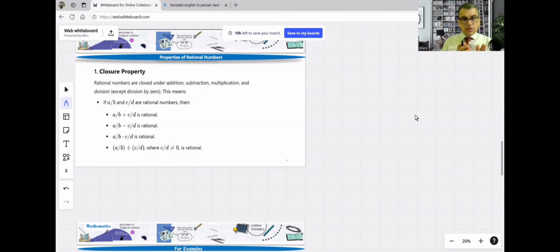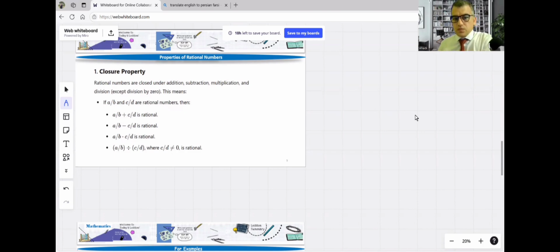Or if we subtract them, again the result will be a rational number. If we multiply them, again we will get a rational number. Also, if we divide two rational numbers, again we will find a rational number. So let me do some examples here.